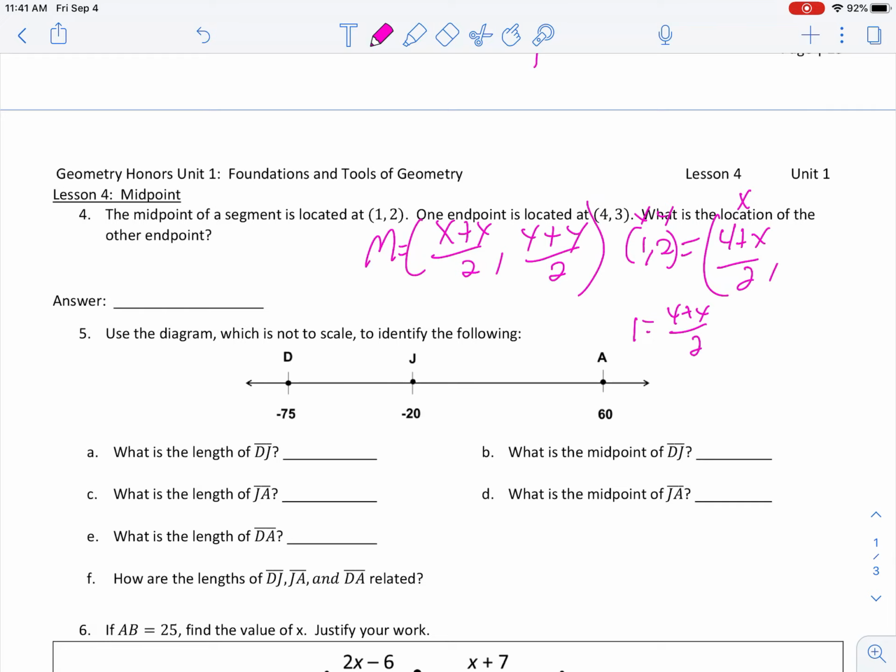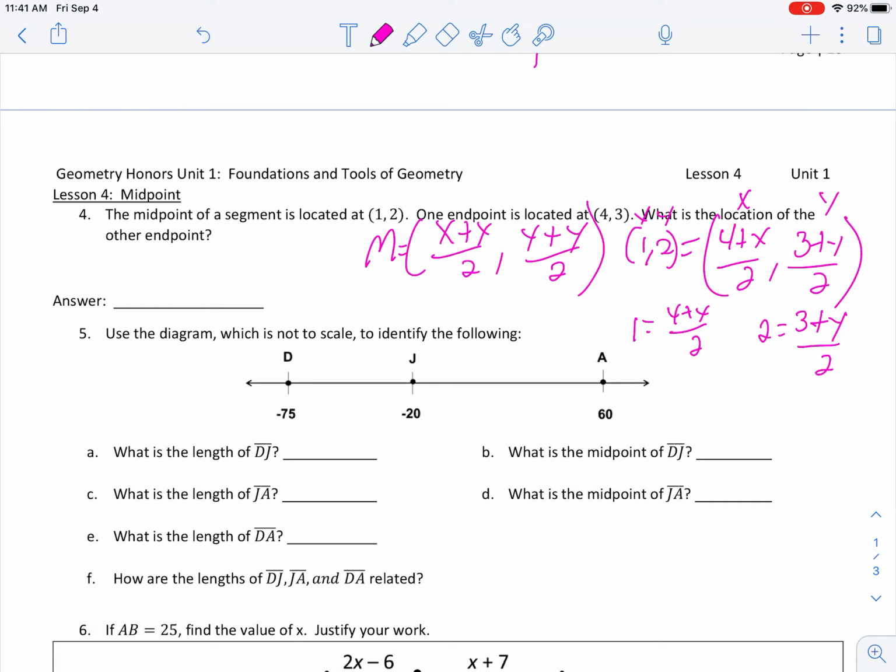Now on the y's, the endpoint is located at 3. 3 plus what y divided by 2 gives me the midpoint's y coordinate of 2. So, like I said, I create two mini equations.